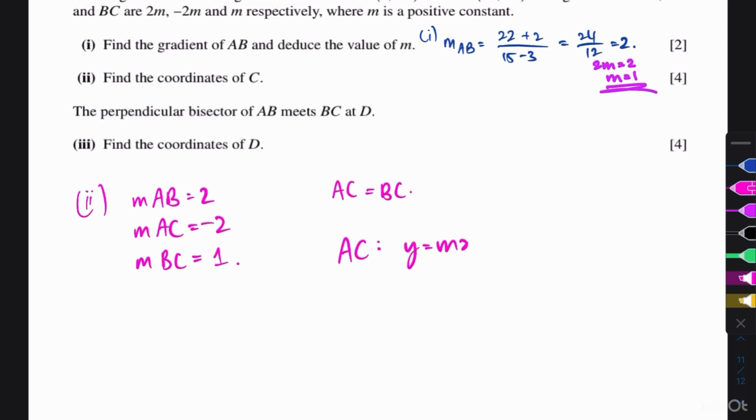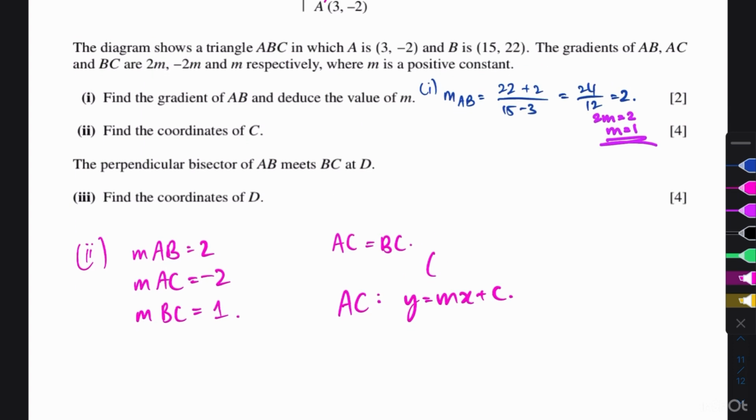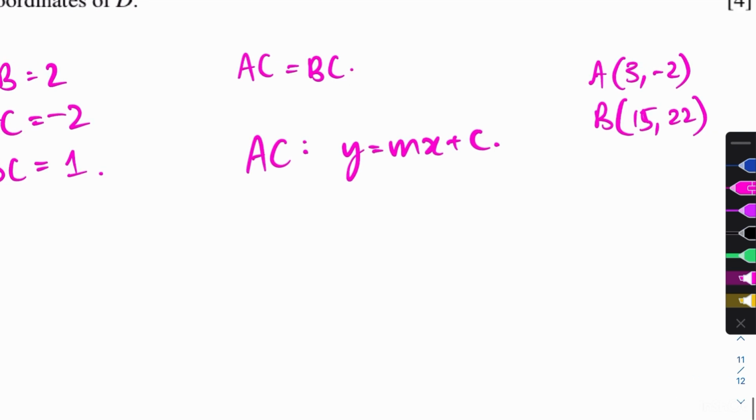y equals mx plus c, again starting with the general equation. y is going to be, okay, what's our A value again? 3, minus 2. Okay, so A is (3, -2), B is (15, 22). Alright.